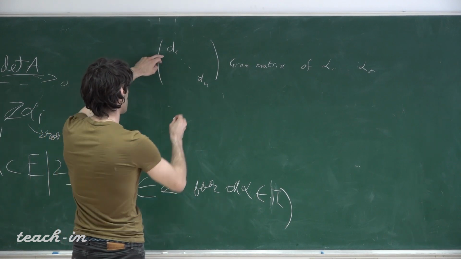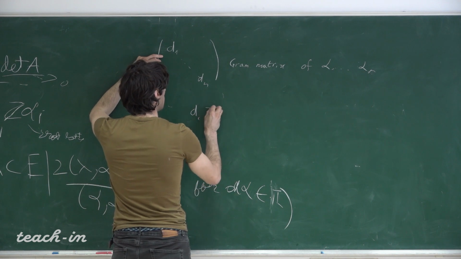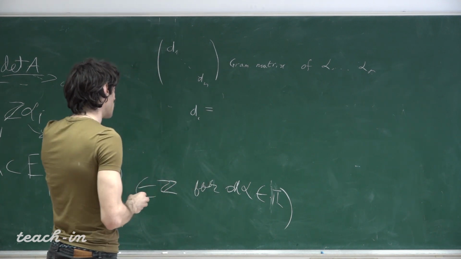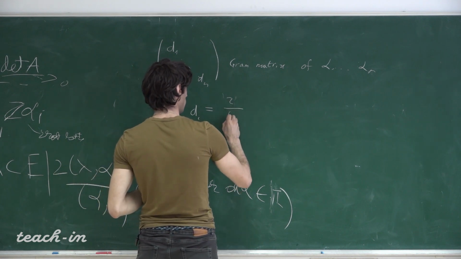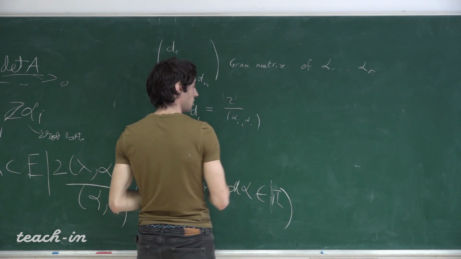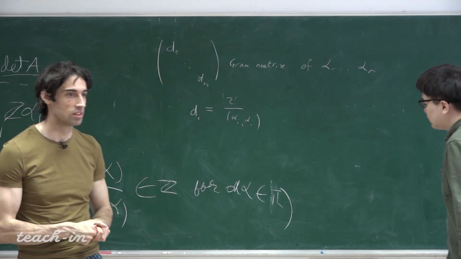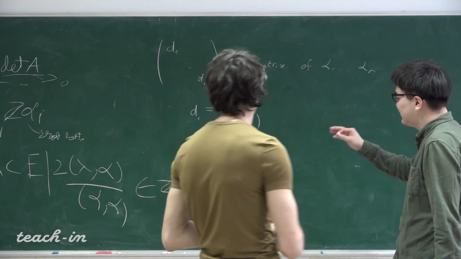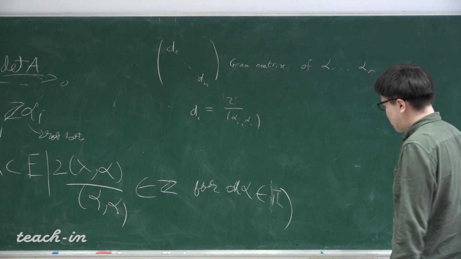And these di's, I think, are 2 over alpha I, alpha I, also positive. So these two things we accept.